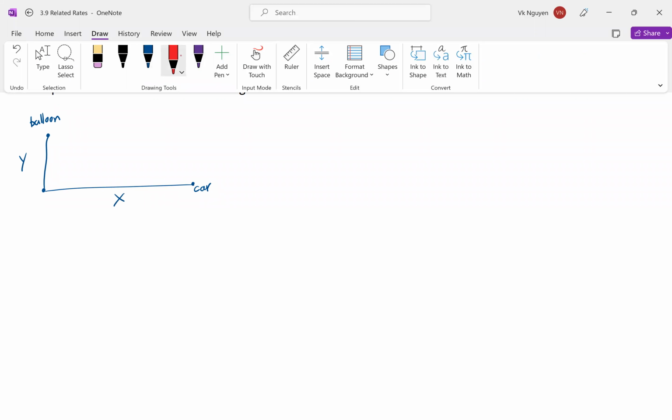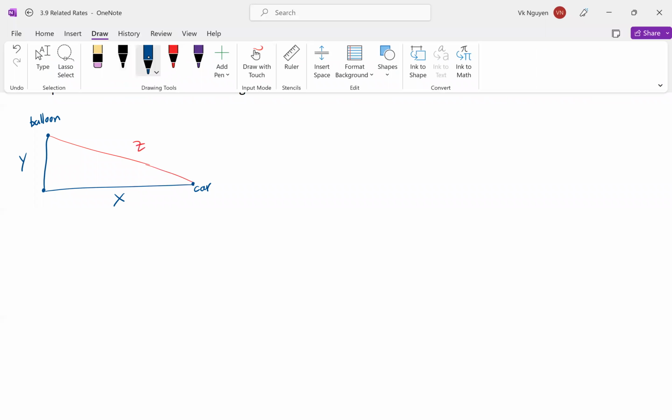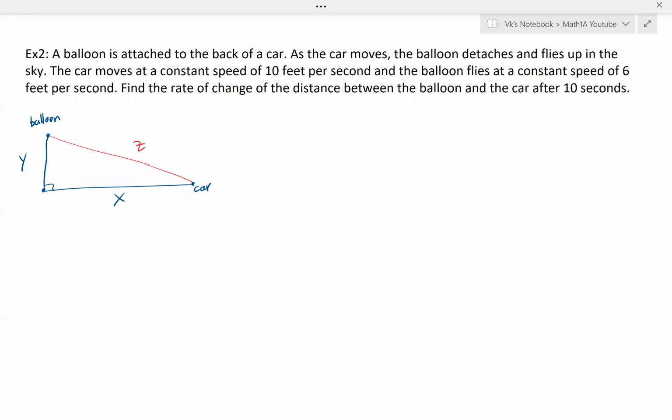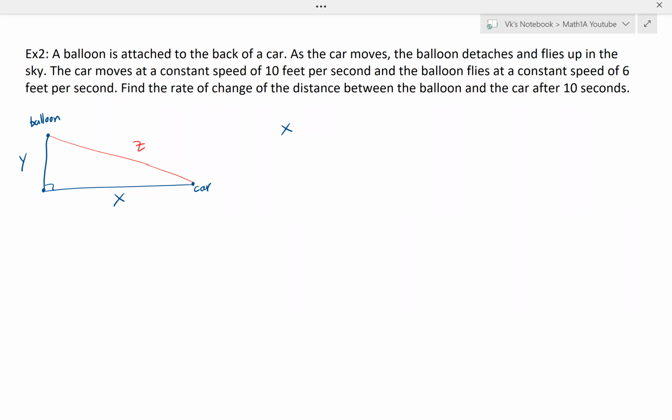The distance between the balloon and the car is this distance, called z. This is a right triangle, so we can relate x, y, z using the Pythagorean Theorem: x squared plus y squared equals z squared.